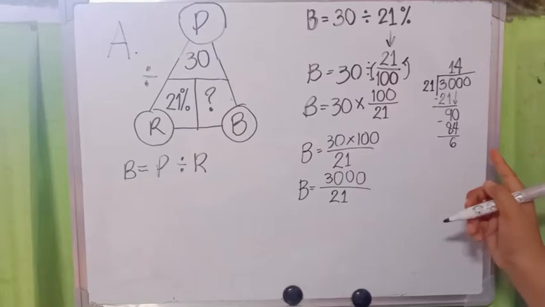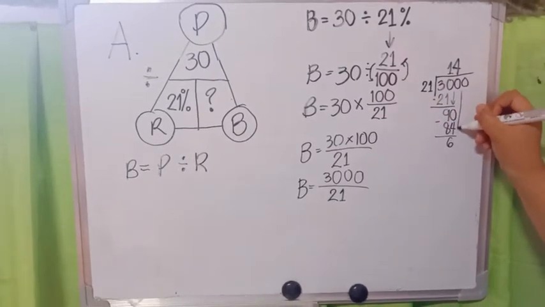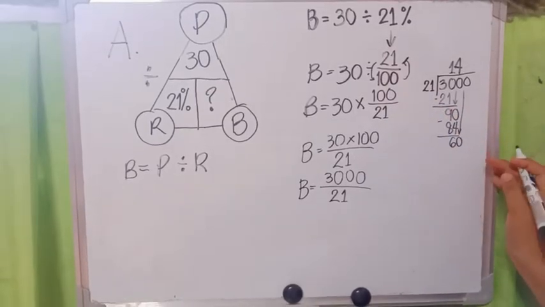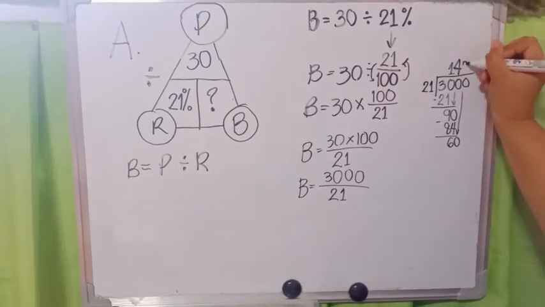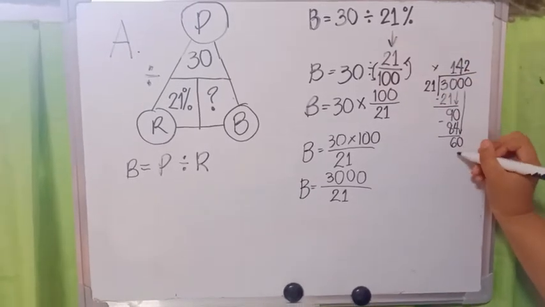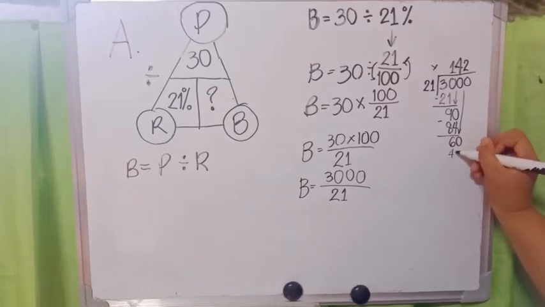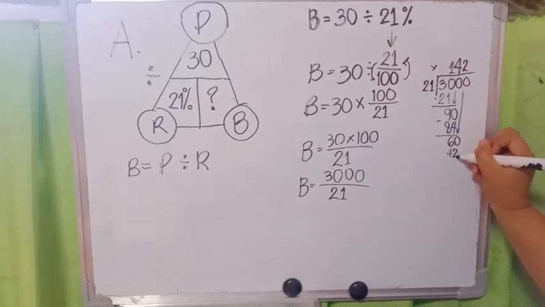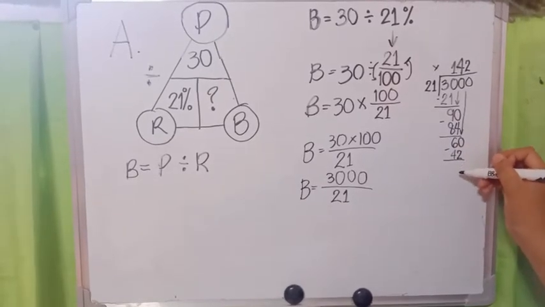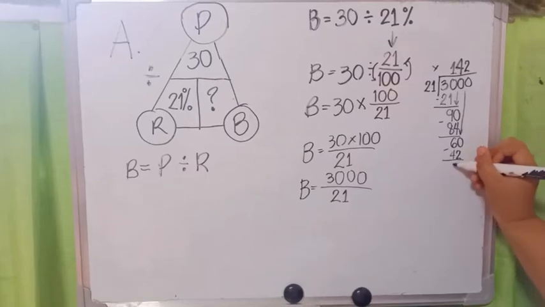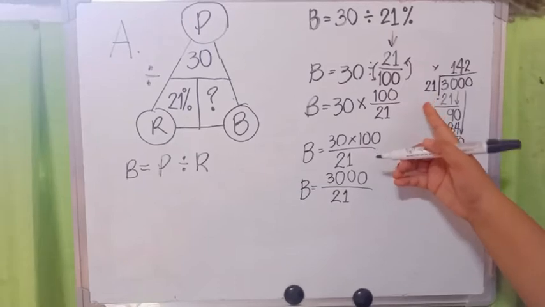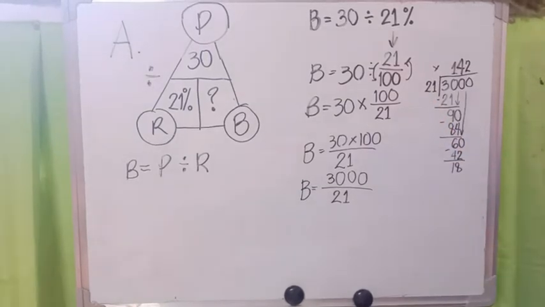Still, 6 cannot be divided by 21, so we bring down 0. 60 divided by 21 is 2. 2 times 21 is 42. Subtract: 60 minus 42 is equal to 18. But 18 cannot be divided by 21, so we need to borrow 0.